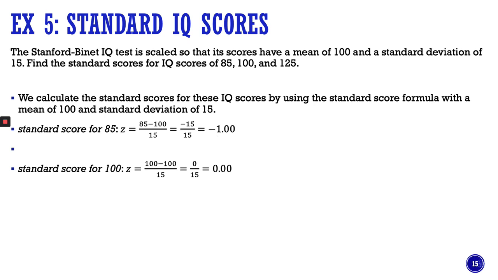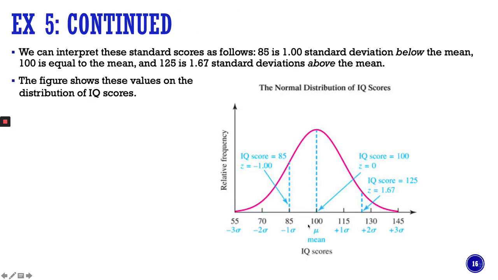The standard score for 100 is 100 minus 100 over 15, equals 0 divided by 15, which equals 0. And the standard score for 125 is 125 minus 100 over 15, which equals 25 over 15, which gets us about 1.67. So notice that the 100 and the 15 don't change. The only thing that's changing on this problem is the number you're looking for the score on.